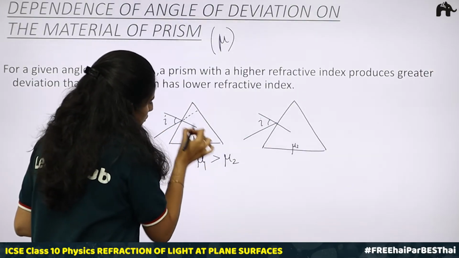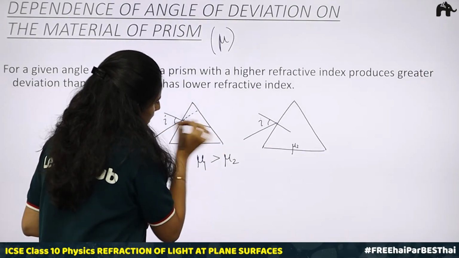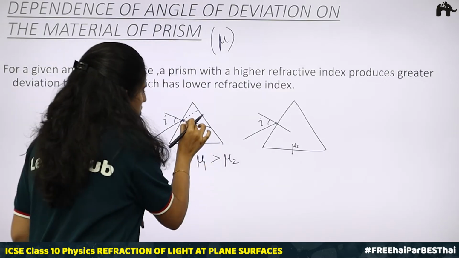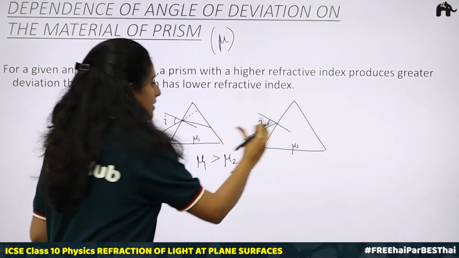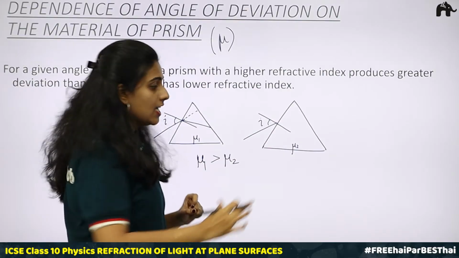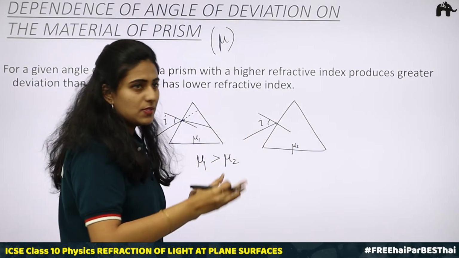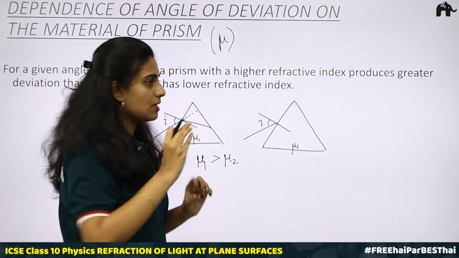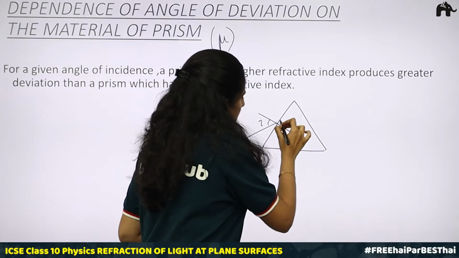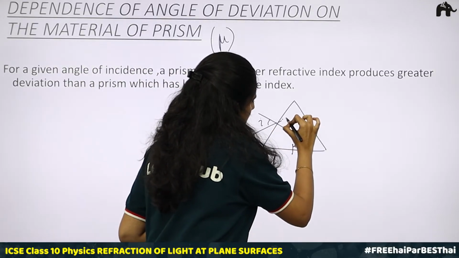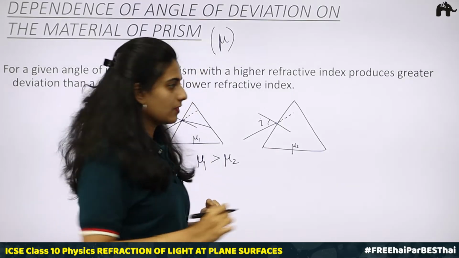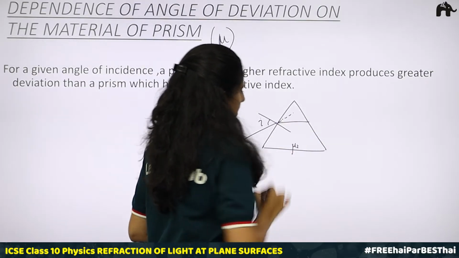So for the first prism, this is your refracted ray, and it bends towards the normal. For the second prism, the refractive index is smaller, which means the bending is less compared to the first case. This is the actual path, and this is your refracted ray.